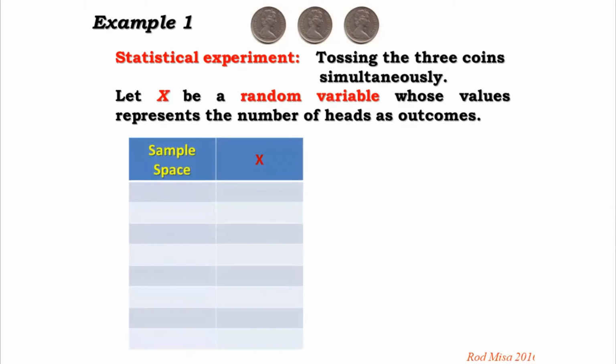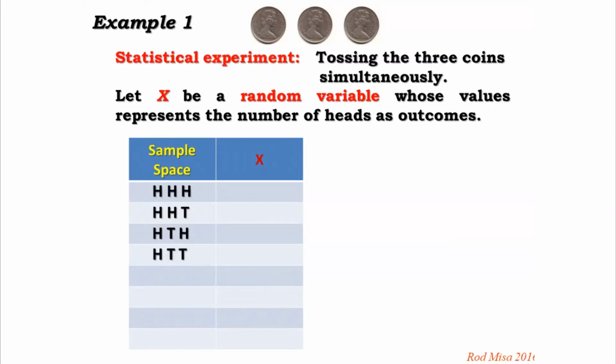So, if you list down all possible outcomes of this experiment of tossing 3 coins simultaneously, we can have the result of all 3 heads for the 3 coins, or 2 heads for 2 coins but a tail in 1 coin. Or you can have a head in the first coin, a tail in the second coin, and a head in the third coin.